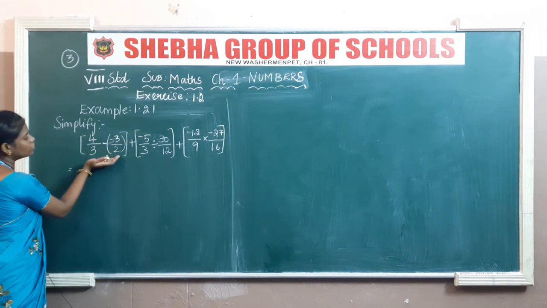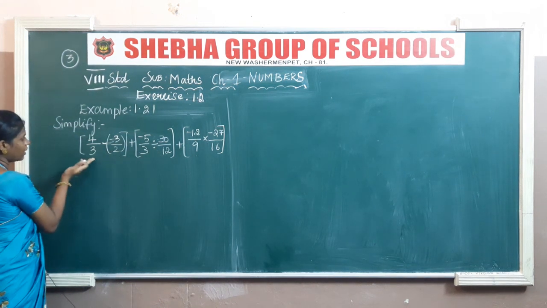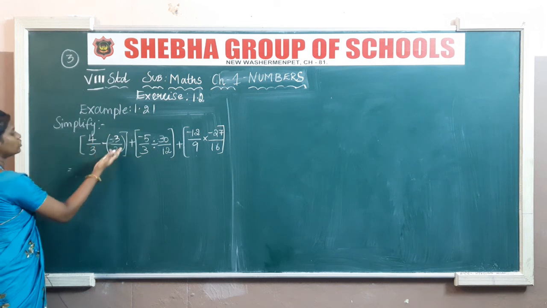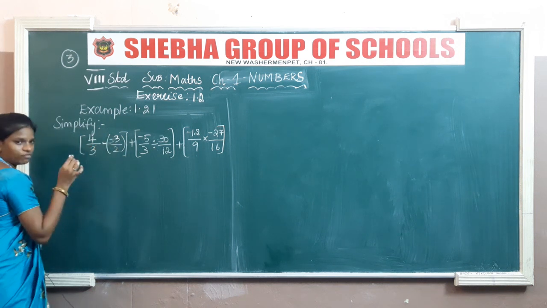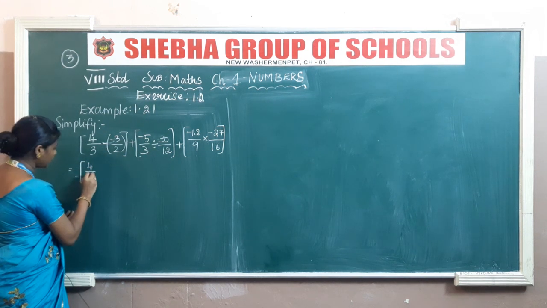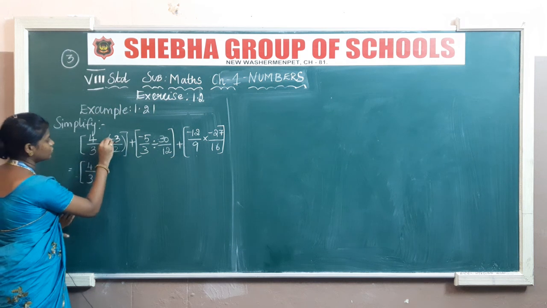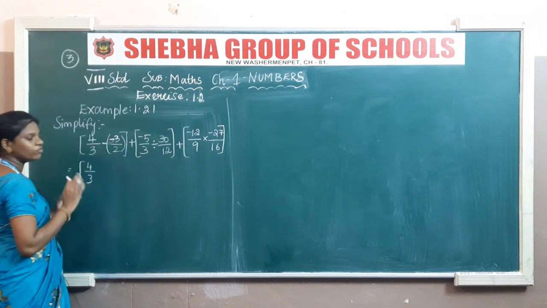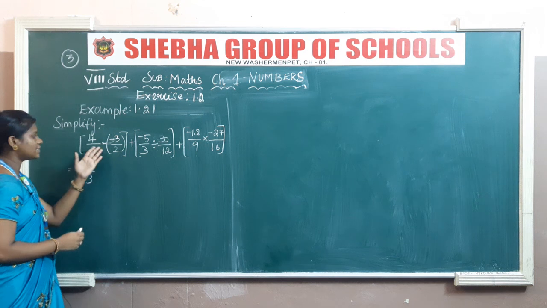Okay, first we move to the first part, 4 by 3 minus of minus 3 by 2. Listen carefully, children. 4 by 3 minus into minus. Minus into minus should obviously be plus because the signs are the same.